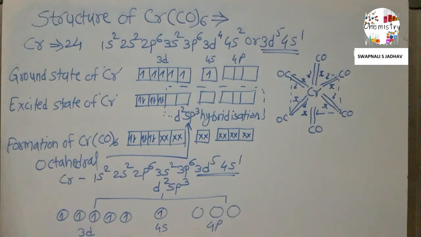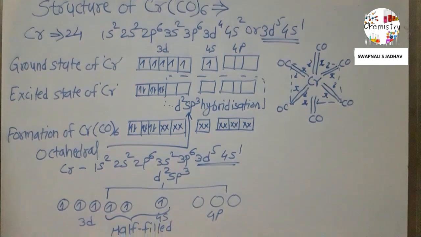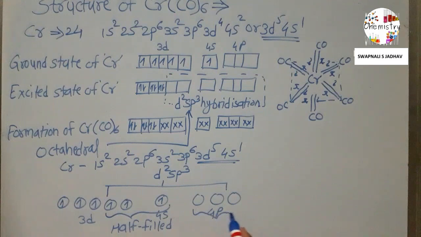Out of the six d2sp3 hybrid orbitals, three are half filled and three are empty. So here three bonds are coordinate and three bonds are covalent.